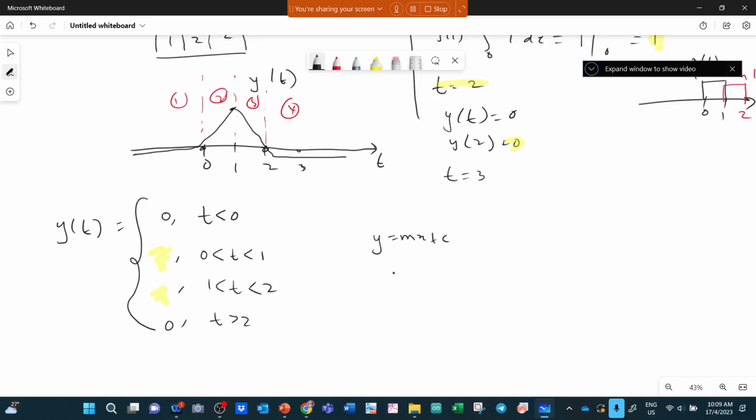So, how do you get m? M is that you can either plot right here the coordinate. So this is 0 0, this one is 1 1, and this one is 2 0. Okay, so you may find the slope m1 here, and this one you can find slope m2 by using the normal calculation lah. So let's say that you want to find what is the y here.